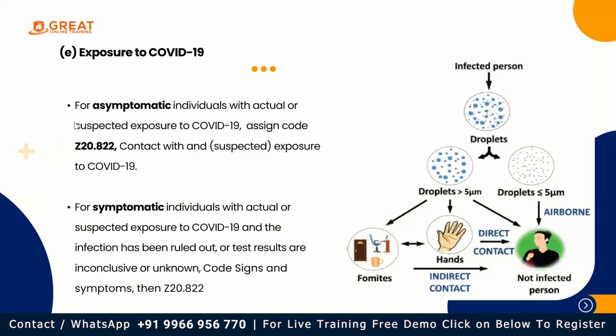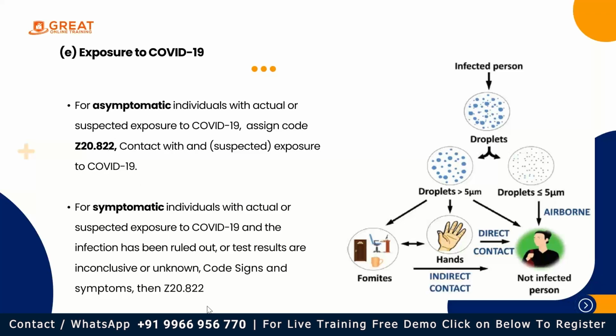So what it says: if the patient is asymptomatic, meaning the patient has no signs and symptoms, you have only one choice of coding, this code Z20.822. But if the patient is symptomatic, you have two codes. You have to use those signs and symptoms first, followed by this code Z20.822. Same code.